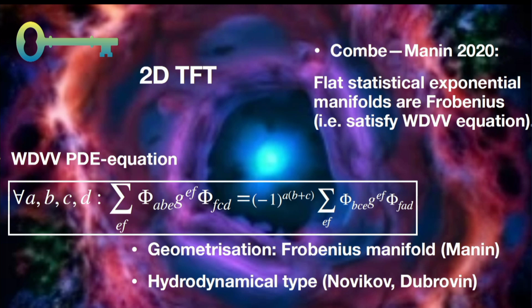But historically, this was in fact coming from equations of hydrodynamical type. In particular, this was developed by Novikov and Dubrovin. And so we're going to look a little bit at this side of the story, this hydrodynamical type of relation occurring here. So that's the key object.